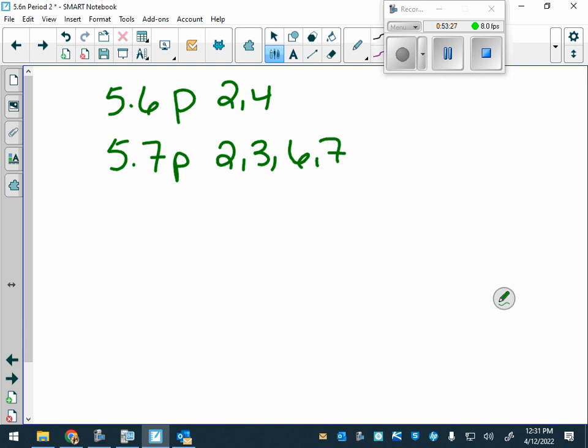This might be page 4, I think. And then this might be page 6 and 7, I think, the last 2 pages. Okay, so this is in your blue or yellow packet. This was from last class's lesson. This was on 5.6, and this is today. Okay? All right. Get started on those.